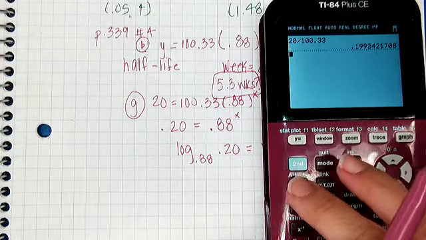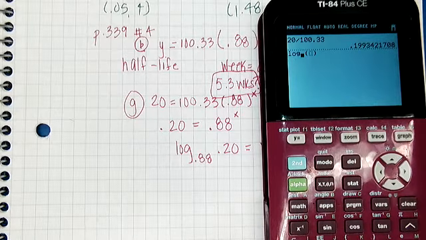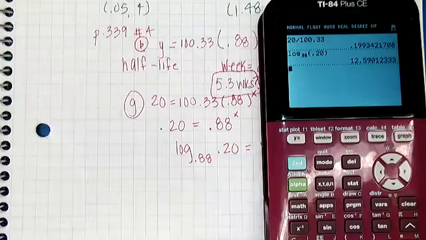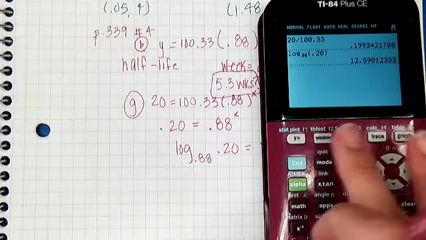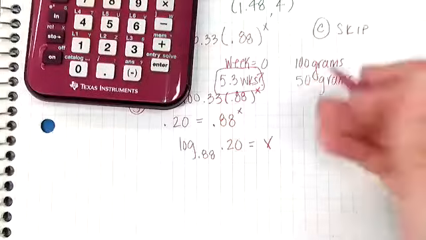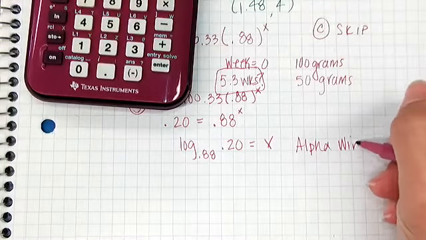But I like alpha window number 5, 0.88 to 0.20, and the answer is 12.59. So you can either do alpha window number 5, which is super helpful.